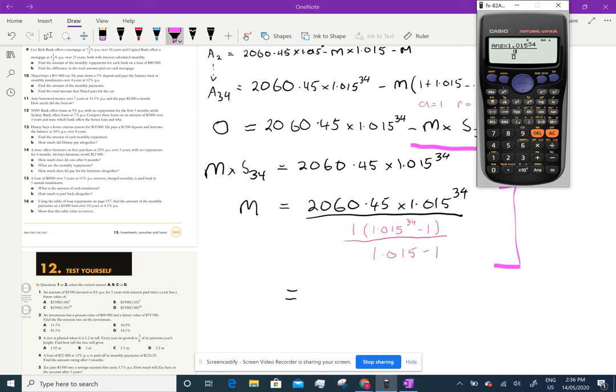I'm not going to put the 1 in this time. 1.015 to the power of 34 minus 1, didn't need those parentheses, but anyway, over 1.015 minus 1.